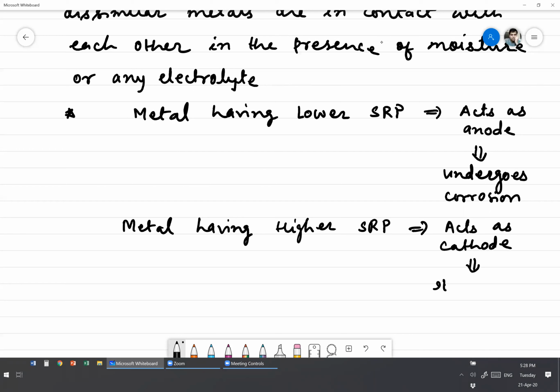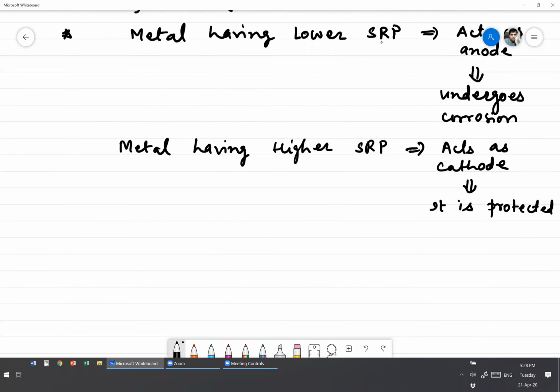It is protected from corrosion. So when such two metals are in contact with each other and exposed to any electrolyte or moisture, they form a galvanic cell and undergo galvanic corrosion.